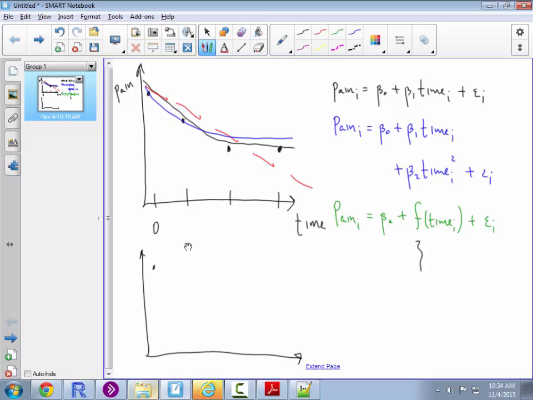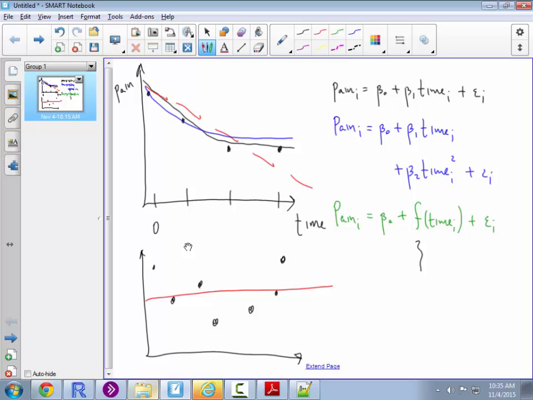Suppose we had data that looked like this, and we wanted to fit a curve to that. We could fit a line. The line would be kind of like that. We could fit a quadratic, a cubic.